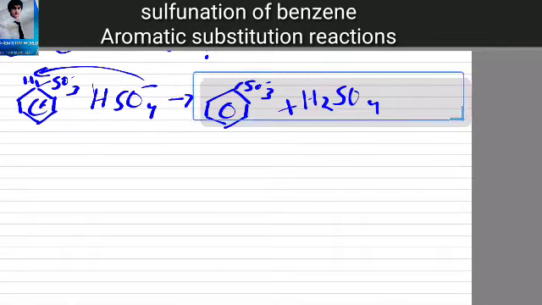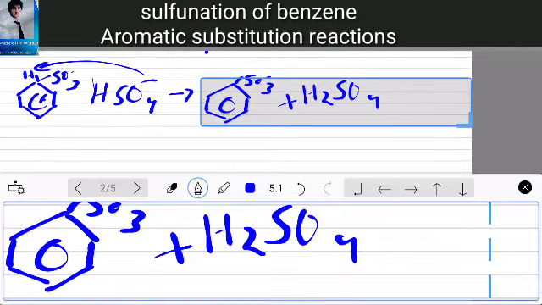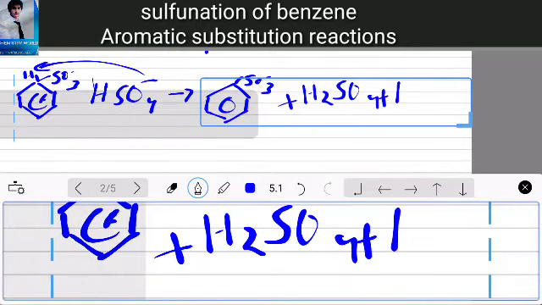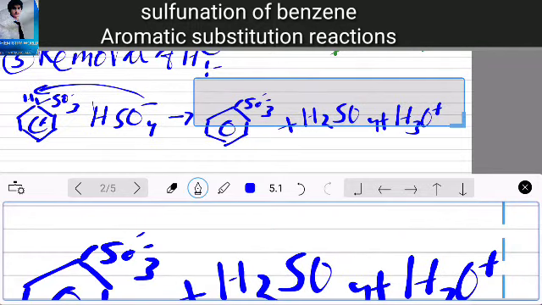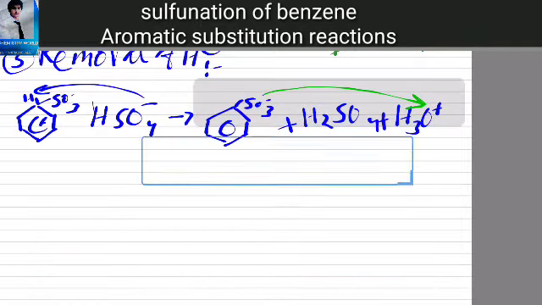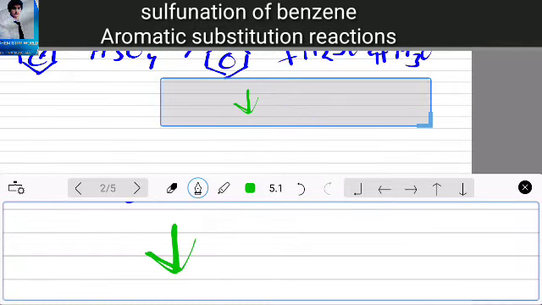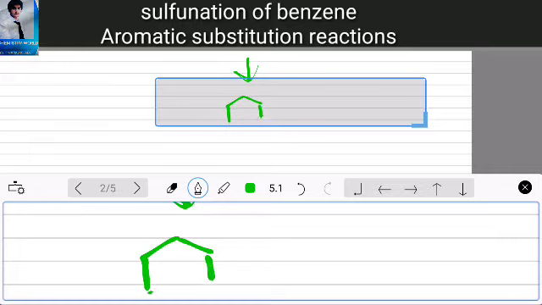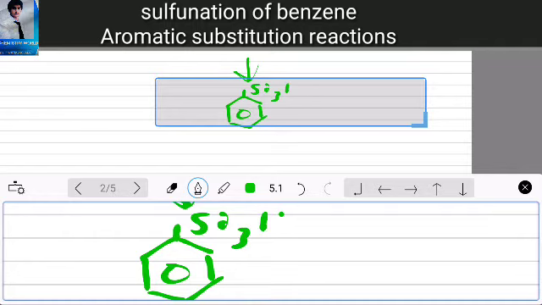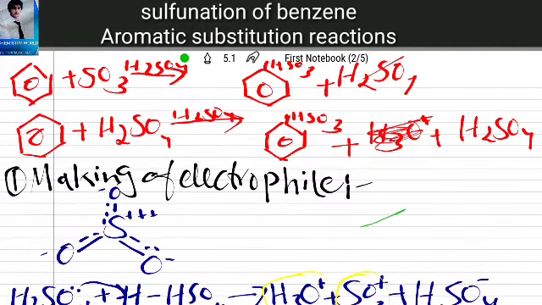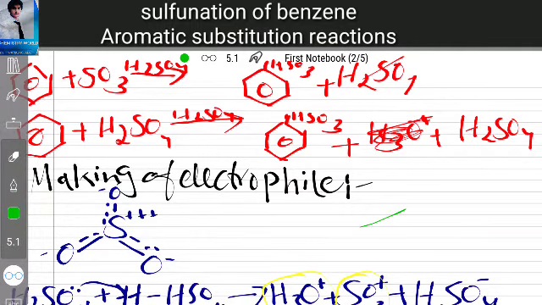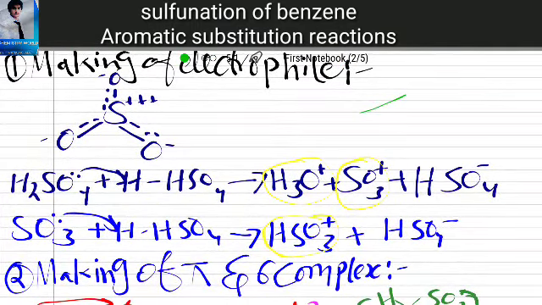But we also have H3O positive, which we made in step number 1. Here we have H3O positive, so the SO3 minus attacks on this positive and will become our product, which is SO3H. So it is sulfonation of benzene ring.